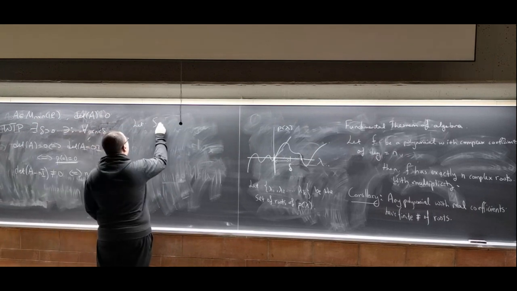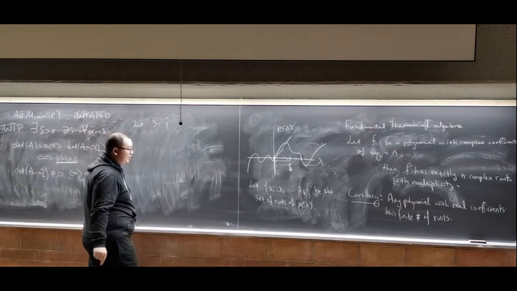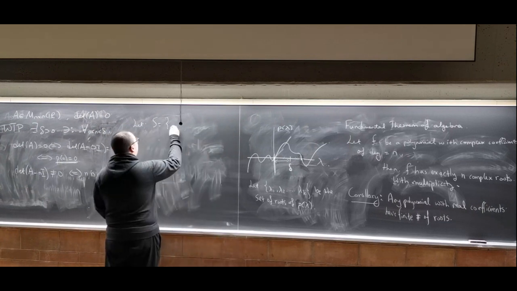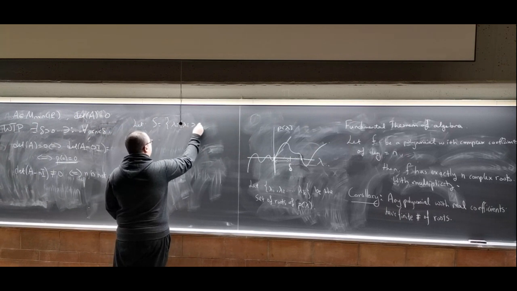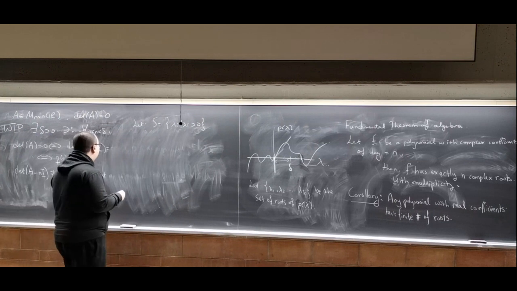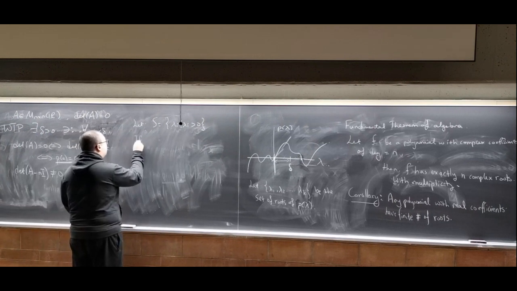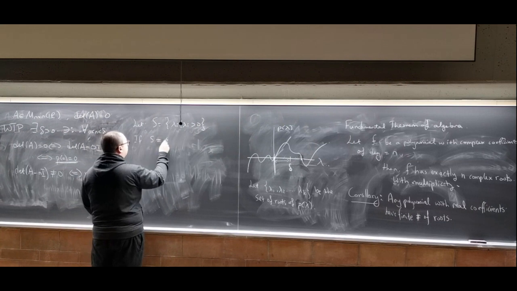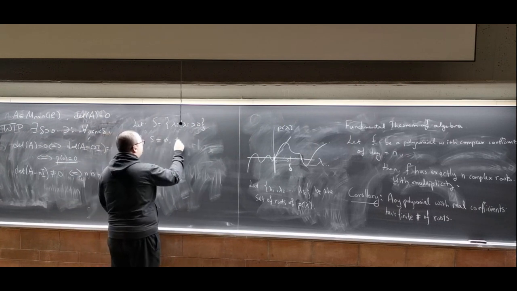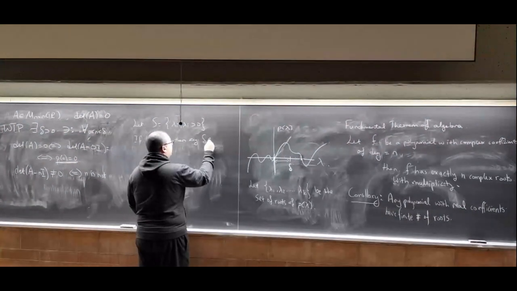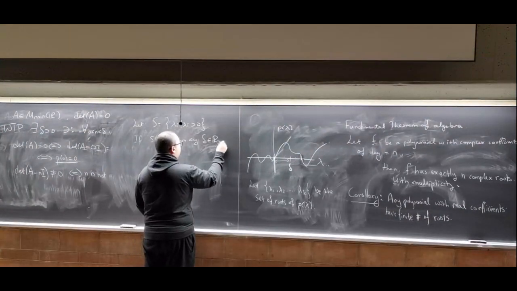So let S be the subset of the lambdas, so lambda i such that lambda i are positive. Now, if S is the empty set, then any delta in the positive reals will do.